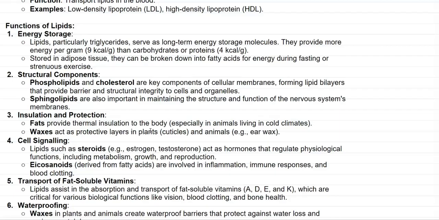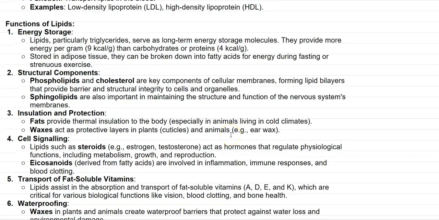The first one is energy storage. Lipids, particularly the triglyceride forms of lipids, serve as a long-term energy storage molecule. They provide higher energy than carbohydrates. Carbohydrates or proteins can provide only 5 kilocalories per gram of the substance, whereas fats can provide 9 kilocalories per gram of the lipid substance.